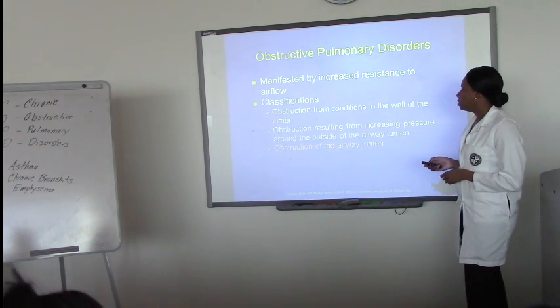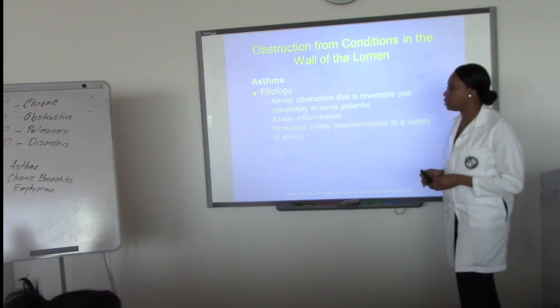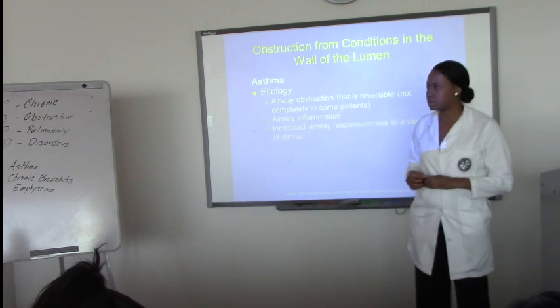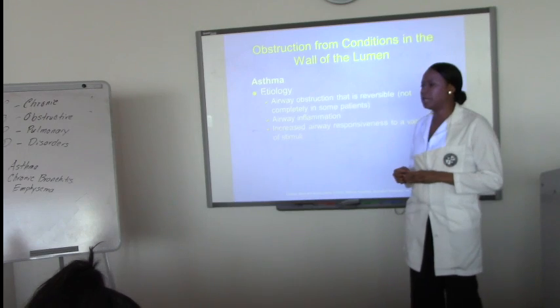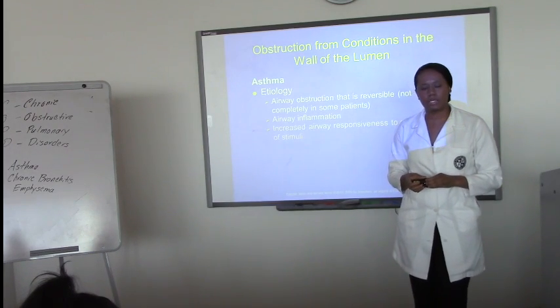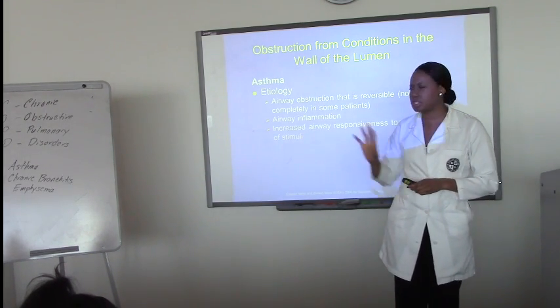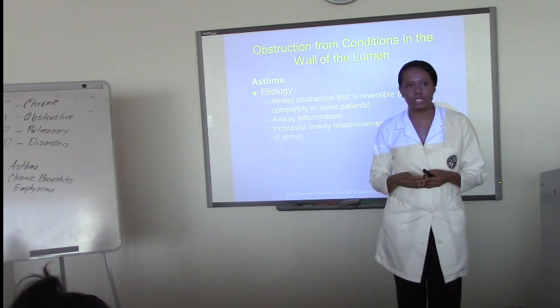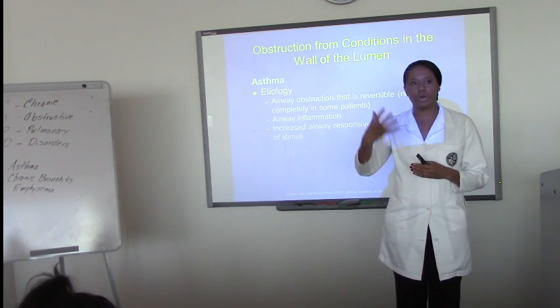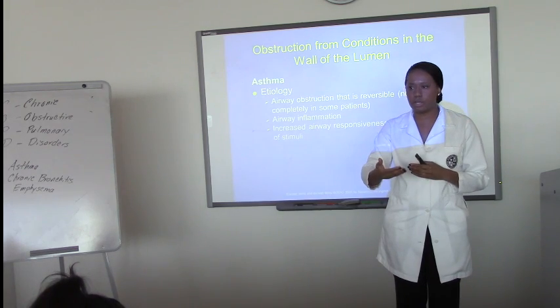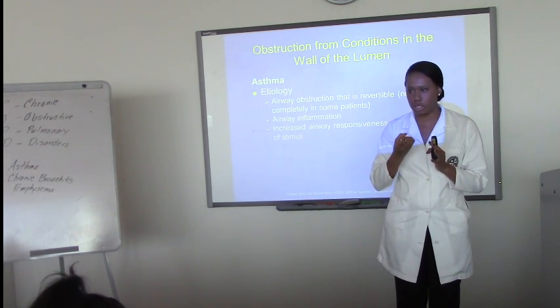Okay. So, let me just go here. The first one we want to talk about is asthma. With asthma, and not only asthma but most of the respiratory conditions, what you should understand is that it's an immune process or immune response that causes this obstruction, okay?